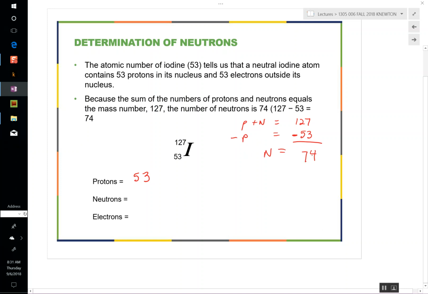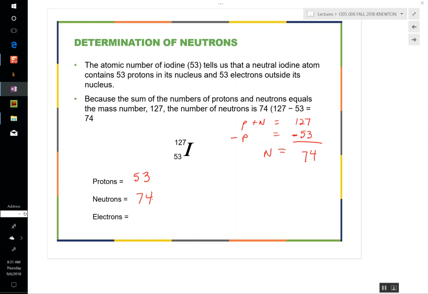Is that right? Check my math. So it has 74 neutrons. So that number up there isn't telling you how many neutrons are in there. It's telling you how heavy this nucleus is, and what makes it heavy are protons and neutrons.